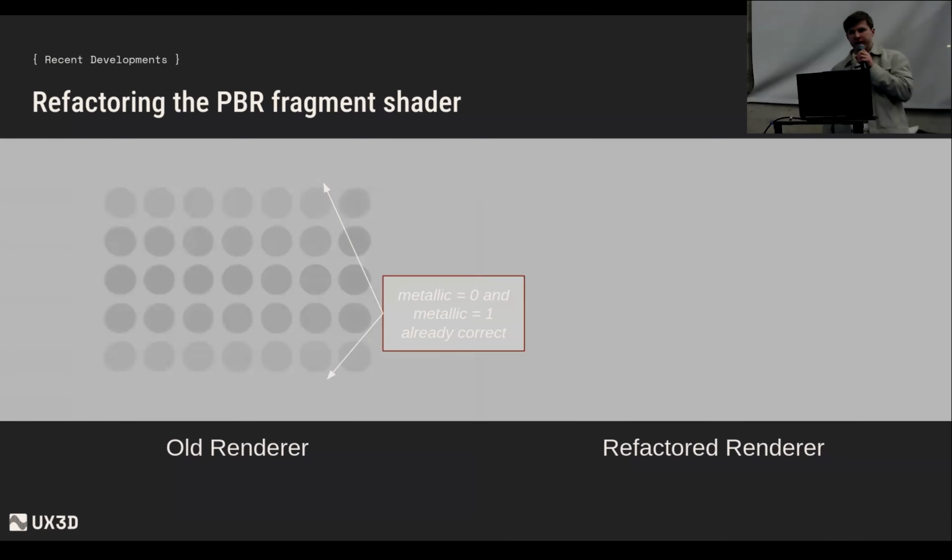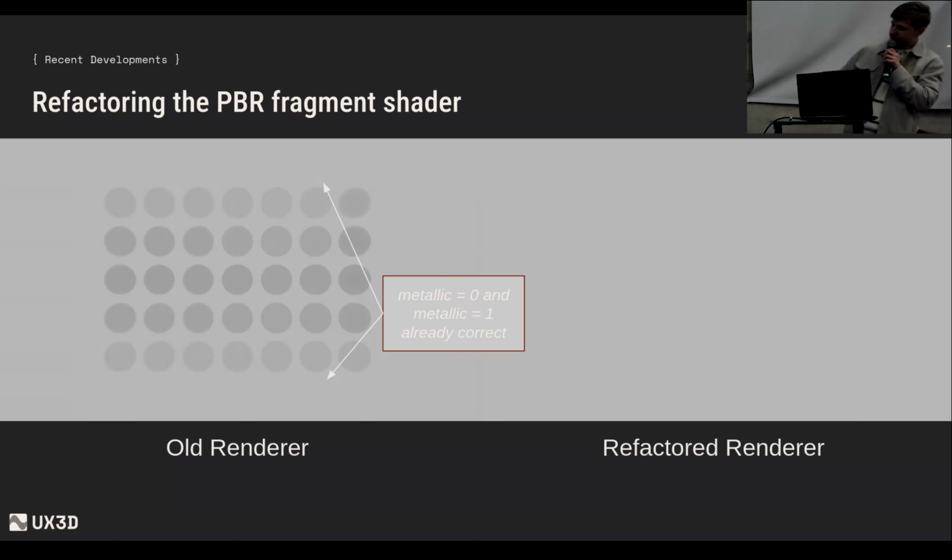Another thing we did, which was quite a major change last year, was an issue raised in the glTF repository: the non-normative section of the PBR shader implementation was actually mathematically incorrect, so we needed to change the shader code.